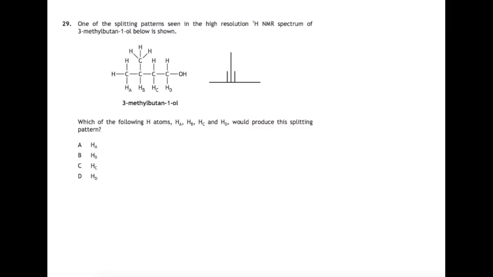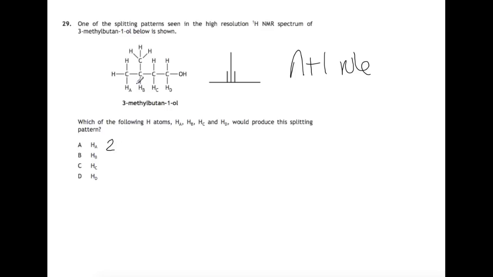Okay, so for question 29, we're going to be using the n+1 rule, where n is the number of hydrogens on the neighbouring carbons, and then you add 1 on to find how many lines will be shown for that particular group. So for HA, we have 1 hydrogen here on the neighbouring carbon, so that means that we'll have 1 + 1, which is 2 lines. For B, we've got 1, 2, 3, 4, 5, 6, 7, 8.